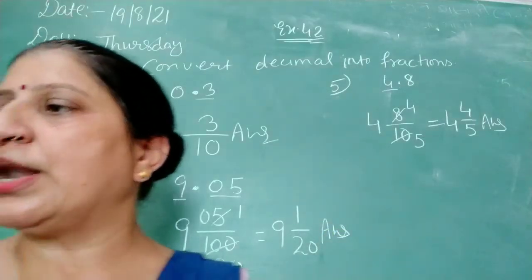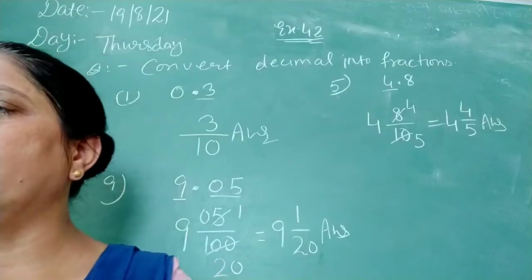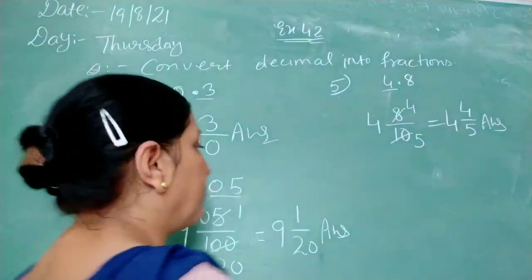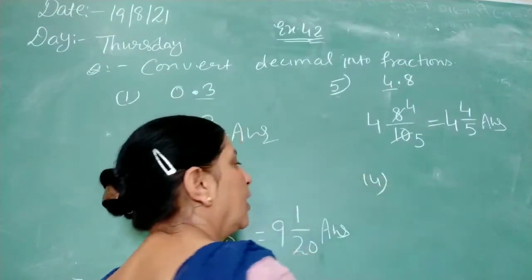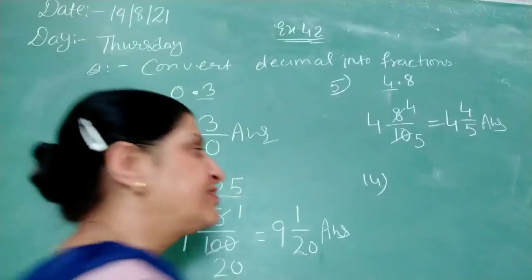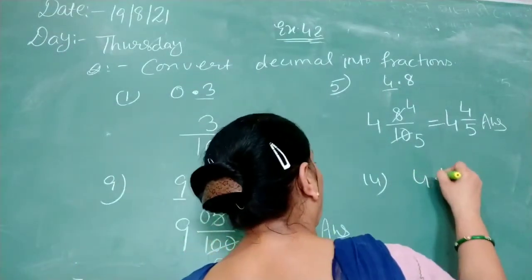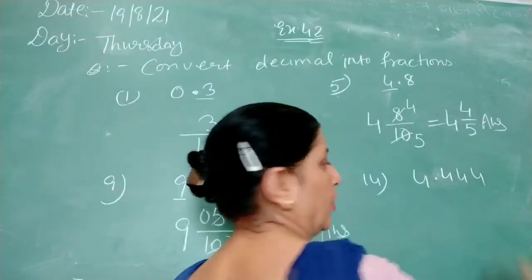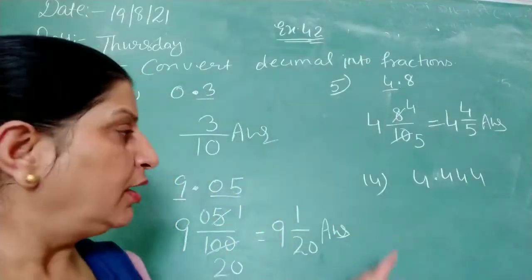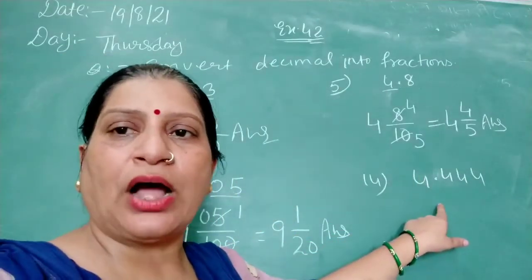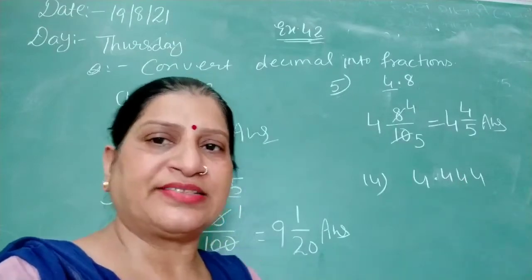Clear this one? Now we see one more question of this part. Question number 14 is 4.444. Now again this is the combination of the whole part and the decimal part.